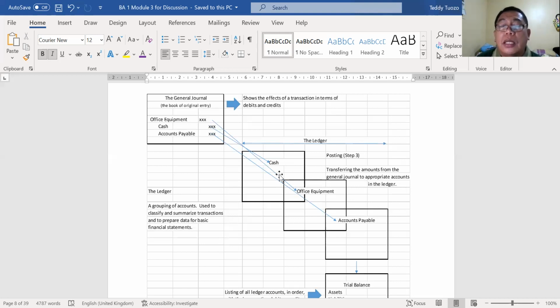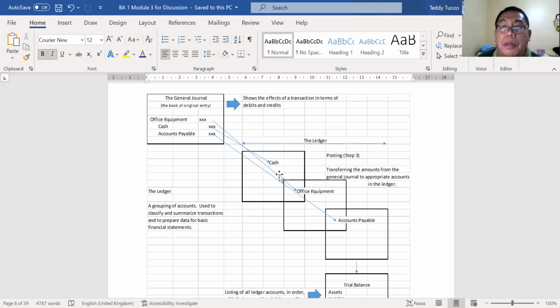In the alternative, the preparation of the T account is being used. But as I've said, I will no longer discuss the T account because it has already been discussed in module 2.